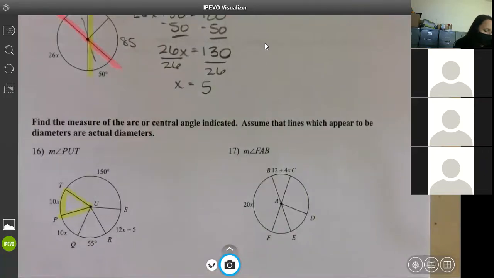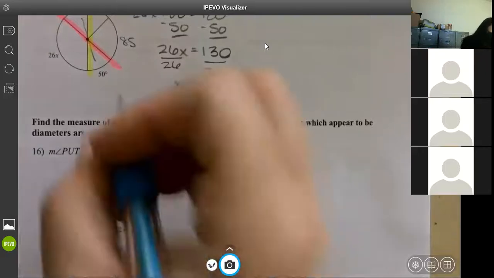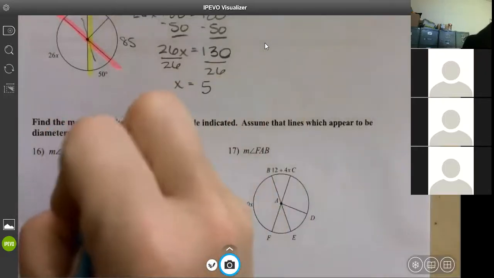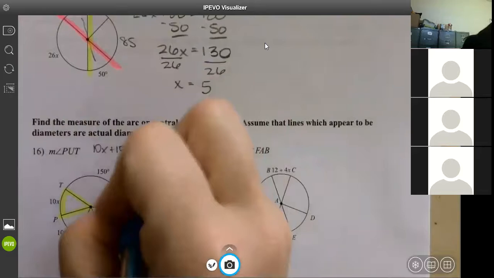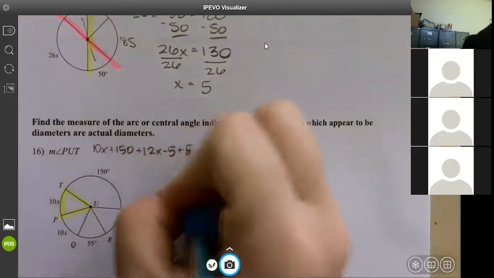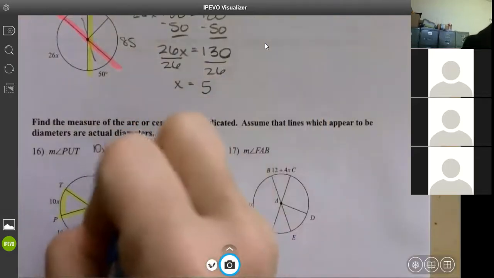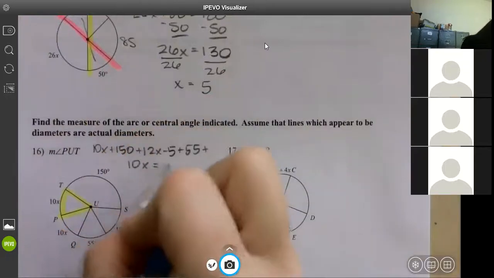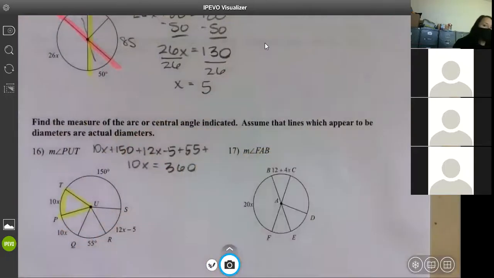Come on, guys. Add it up to 360. I have every single measure on the outside, so I'm going to add them up to 360. So I would do 10x plus 150 plus 12x minus 5 plus 55 plus 10x would give us 360.